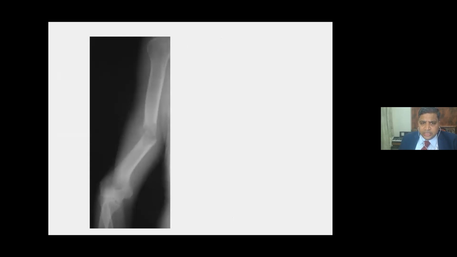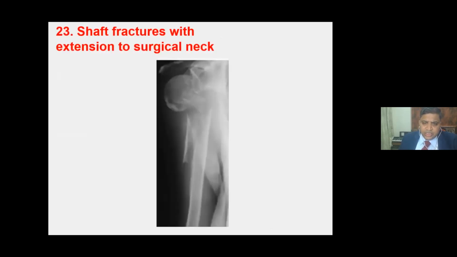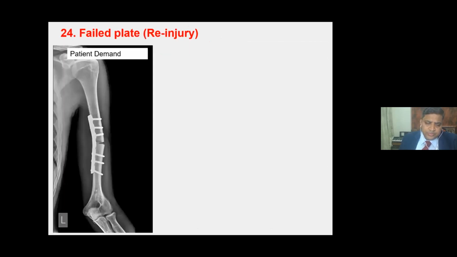Another, secondaries in the humerus with a pathological fracture, again splinted with a nail. Another complex case scenario of a humeral head with severe loss of bone along with a humeral shaft fracture. Again, sometimes you can get lucky in an individual case of getting the nail in with good reduction and a good union later on.